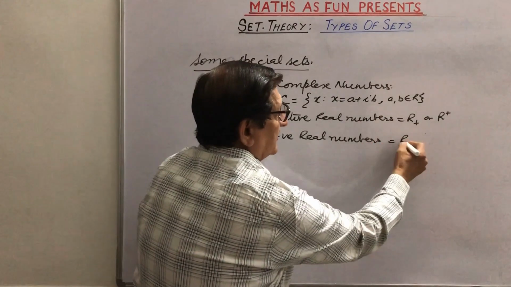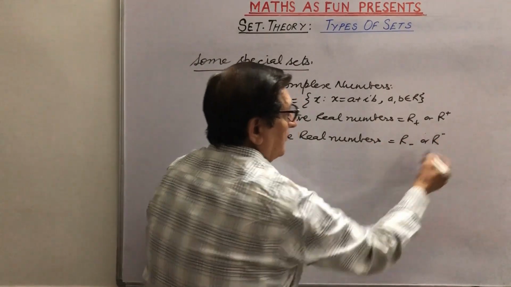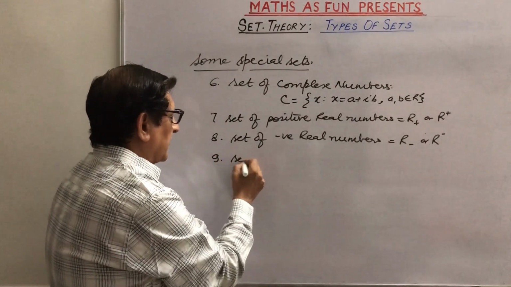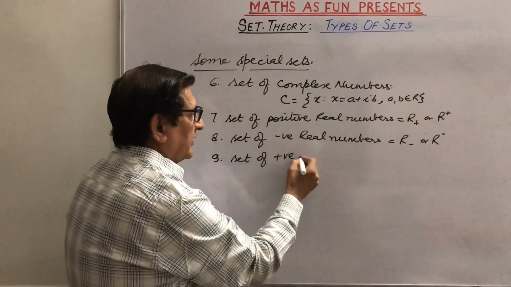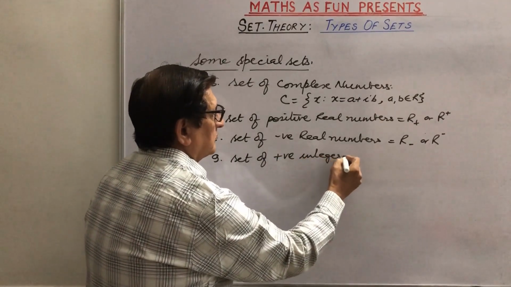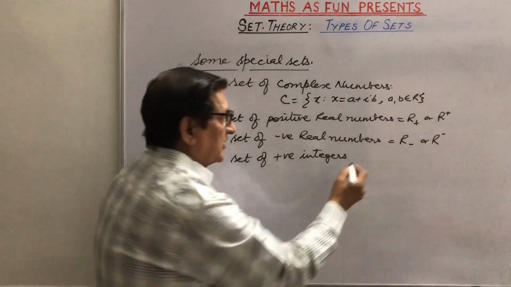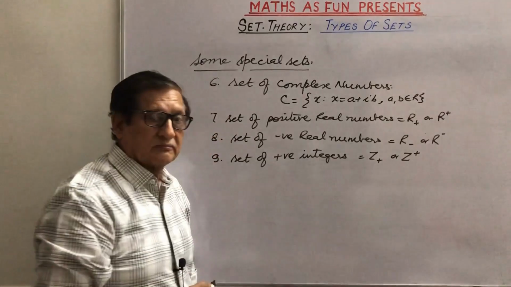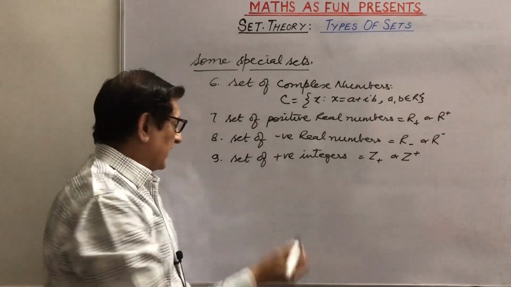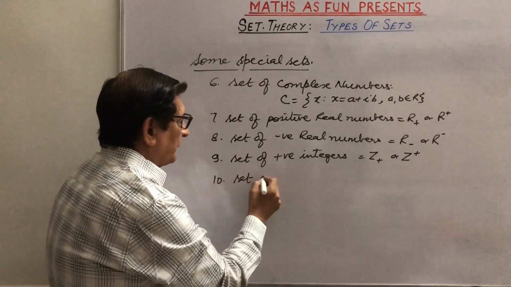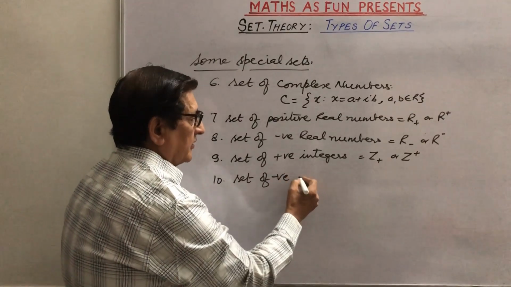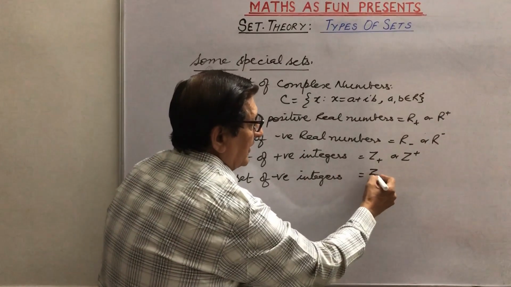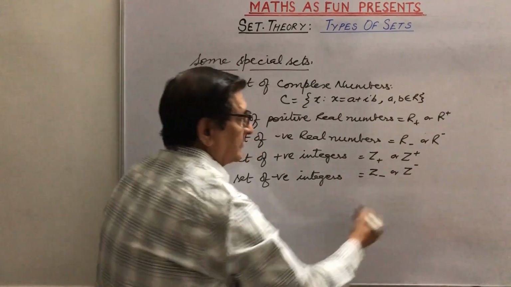This can be represented as R minus. Next is the set of positive integers. This we represent by Z plus. Then we have the set of negative integers that will be represented by Z minus.